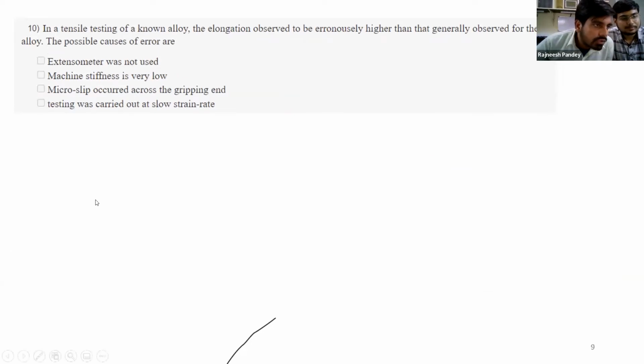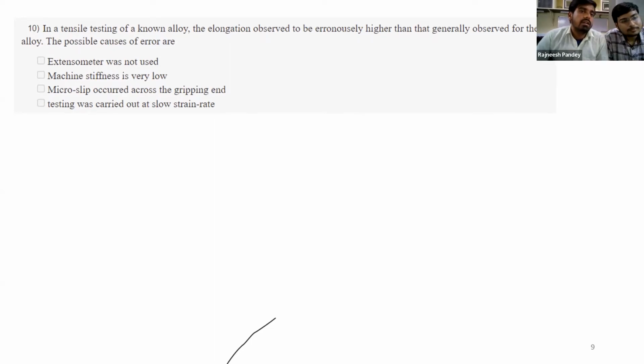Okay, so in this question: in a tensile testing of a known alloy, the elongation is observed to be erroneously higher than that generally observed for the alloy. The possible cause of this error is what?